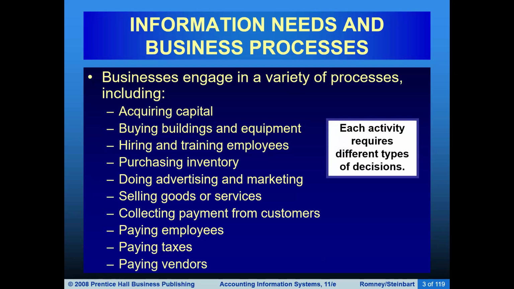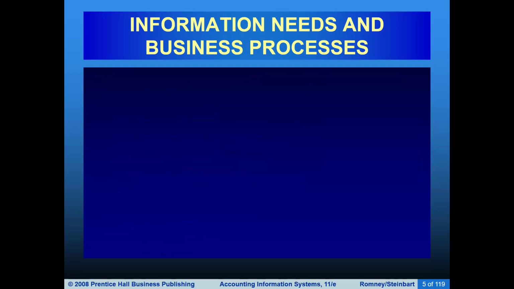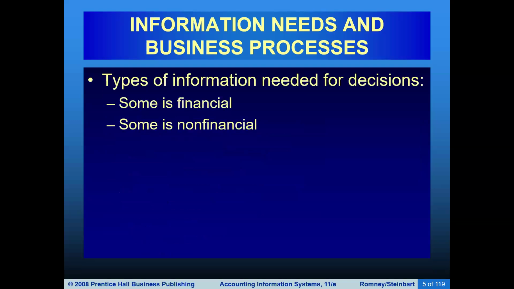Each activity requires a different type of decision. We know that for acquiring capital, you want much information and much decision making. Each decision requires a different type of information. Types of information needed for decisions: some are financial decisions, some are non-financial decisions, right? Not all are in finance.